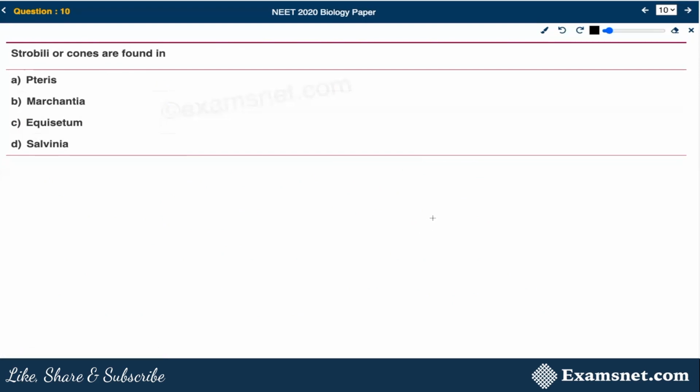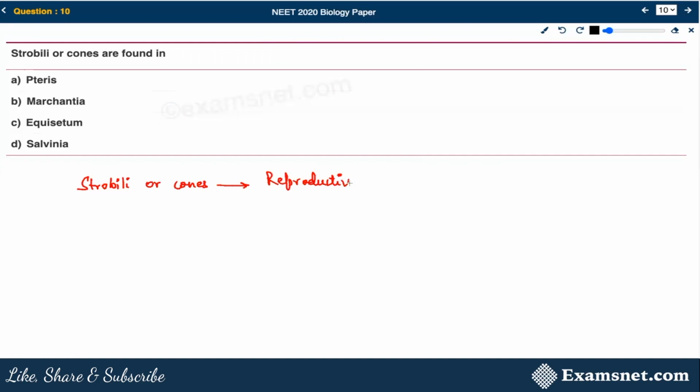Strobili or cones are found in. All right. So strobili or cones, if you people remember, these are the structures which are found in case of pteridophytes and gymnosperms. So these are actually the reproductive organs. You might have heard about male strobili and female strobili.